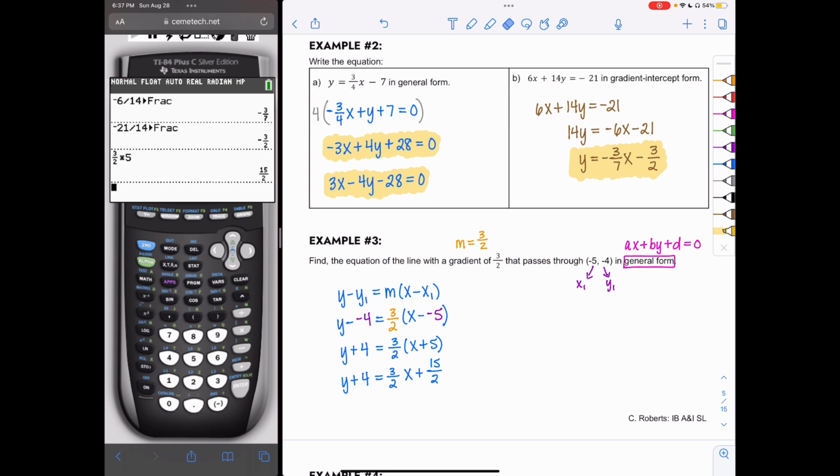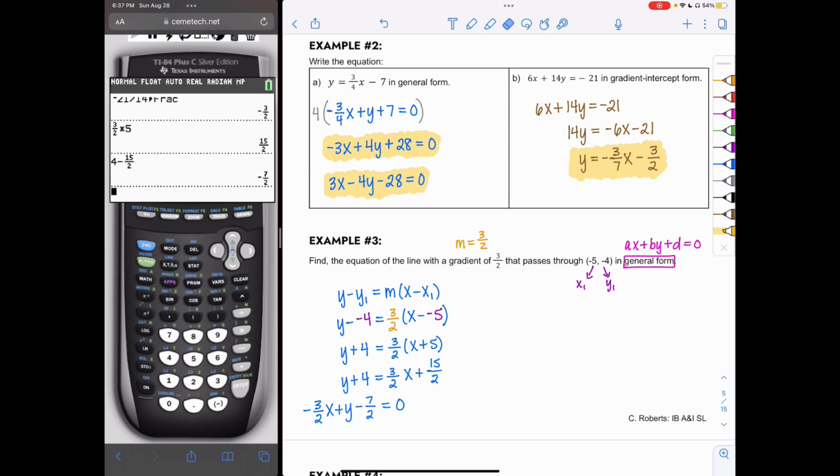So the first thing that I'm going to do is I'm going to subtract 3/2 x, which will end up giving me -3/2 x on the left-hand side. I am not going to touch the y, so that's just going to come down as plus y. And then I'm going to subtract 15 over 2 on both sides. So if I do 4 minus 15 over 2, I end up with -7 over 2. And then that is going to be equal to 0.